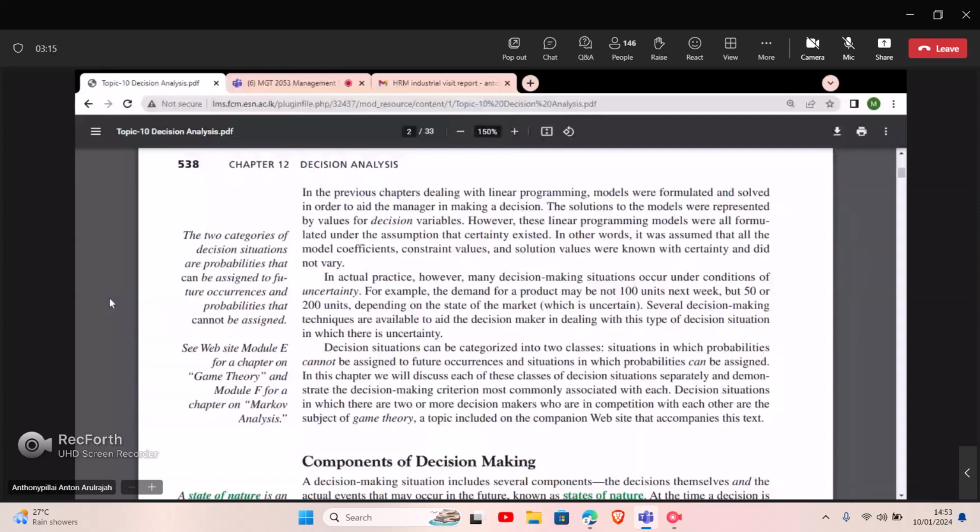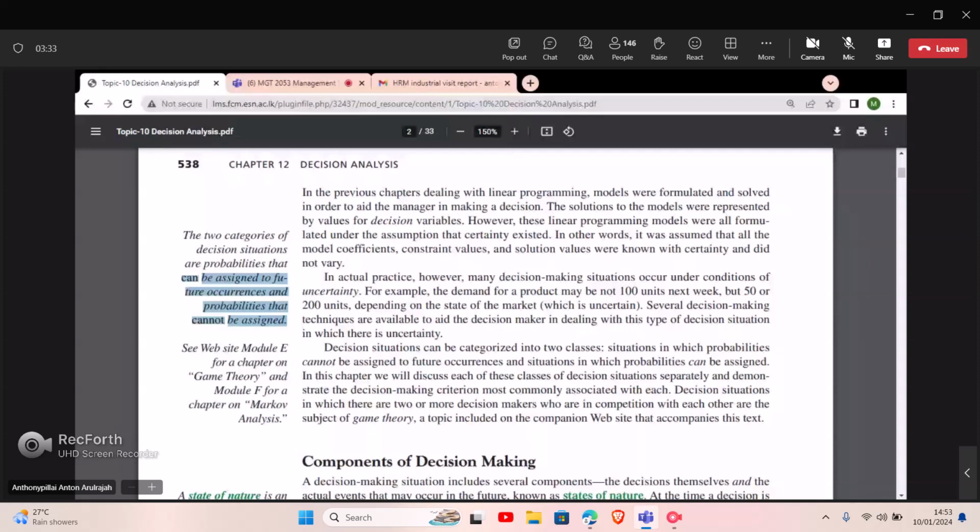Sometimes we cannot assign the probability. We don't have information or past trend prediction. Whether there is a tsunami tomorrow, we don't know. Whether there is rainfall on the island, yes.